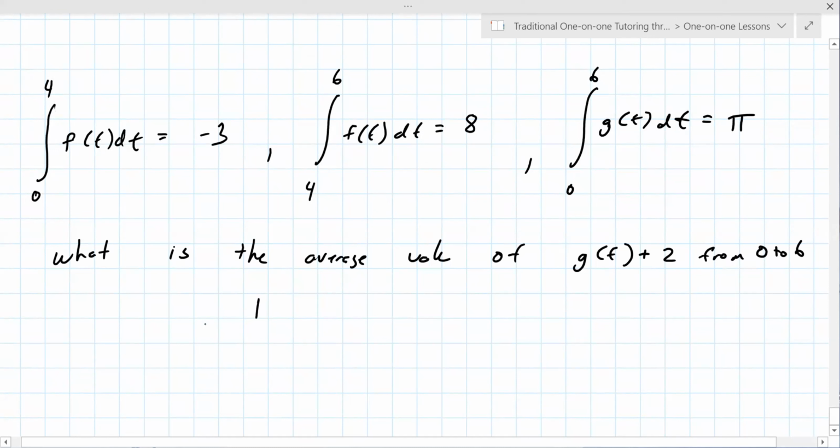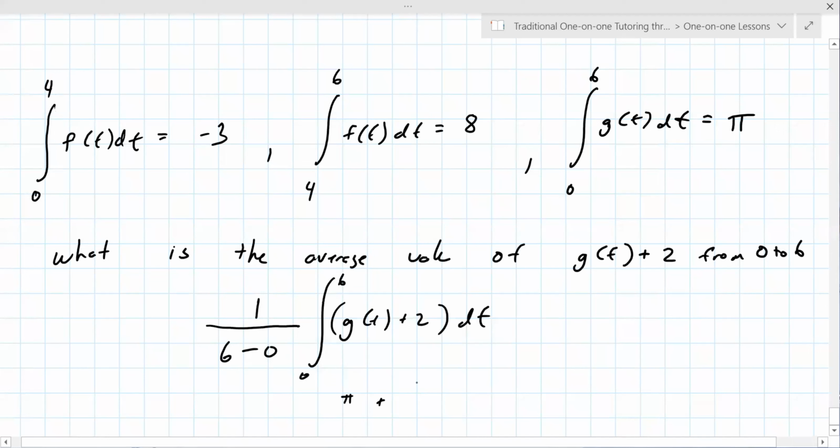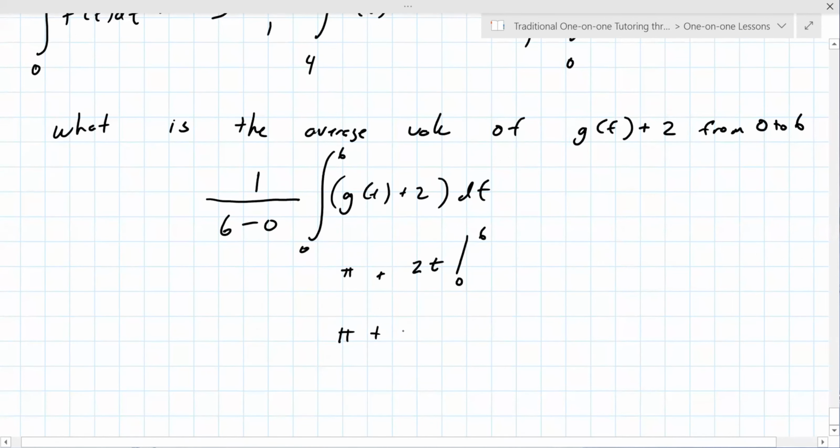Okay, so then it's the integral from 0 to 6 of g of t plus 2. So 1/6, and then that part is g of t, so that part is the pi, and then you have to do 2x at 6 and 0. So 12 minus 0. So 1/6 times pi plus 12. Right.